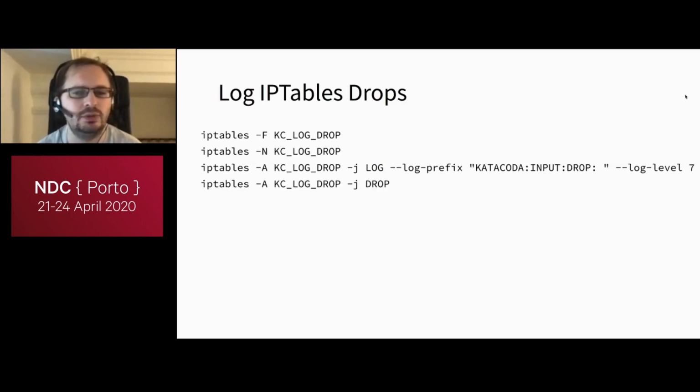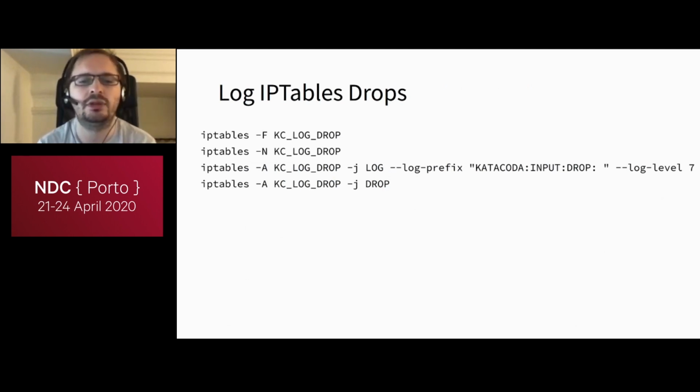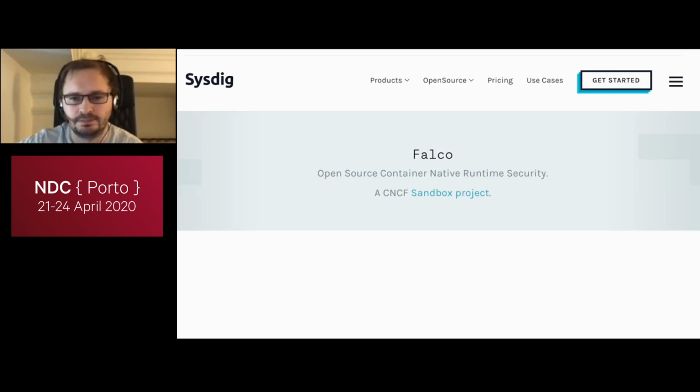If we're using iptables, we can log any single packet which we're dropping, and we can prefix this with a particular kind of string, so we can make it easier to search for. And all of these iptables logs will be logged to /var/log/syslog. And as long as that's been aggregated to Datadog or another logging service, then we'll be able to monitor and alert for those capabilities.